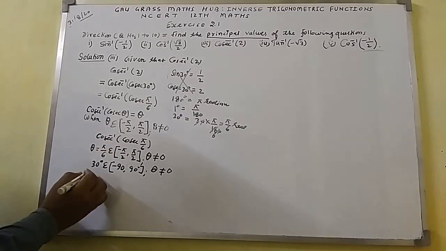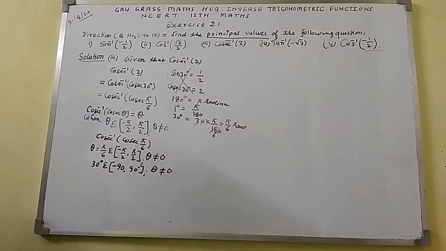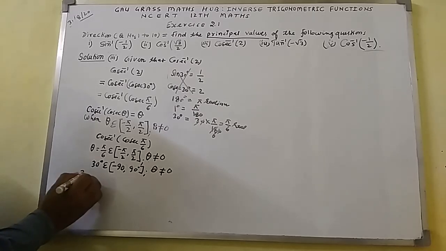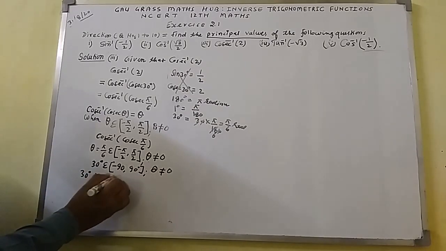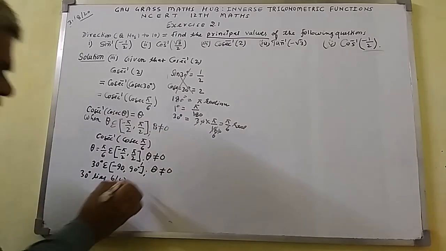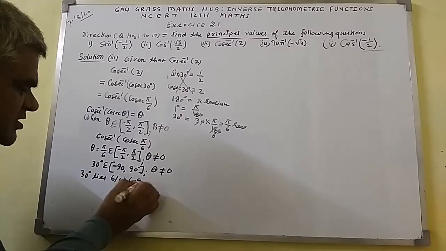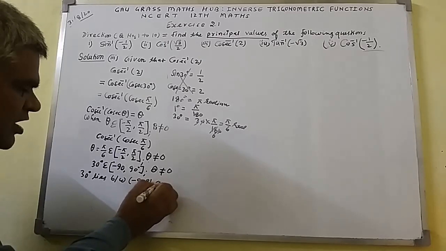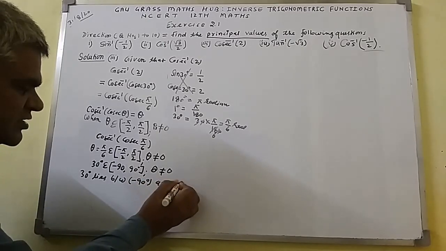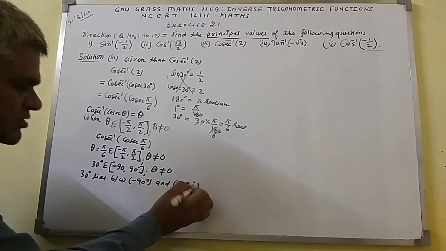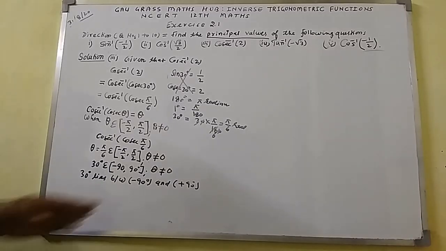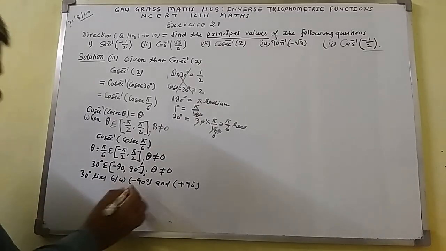This means that theta is equal to 30 degree. So 30 degree lies between minus 90 degree and plus 90 degree. You can show it when you expand this one.